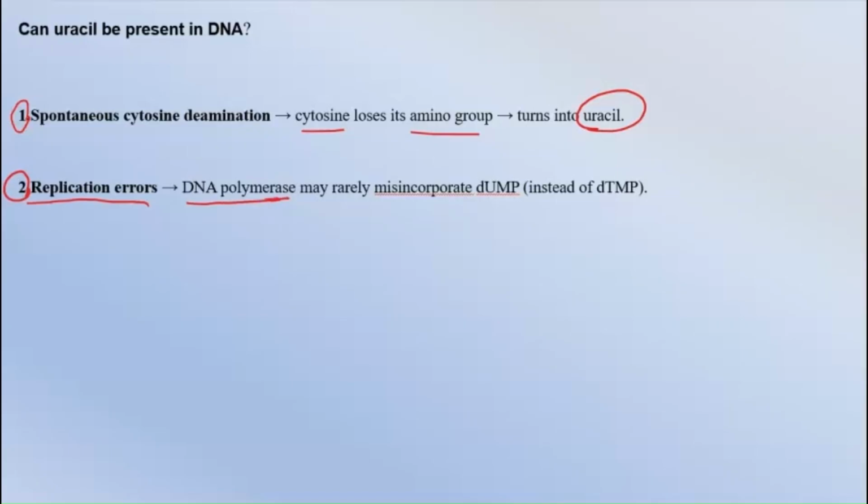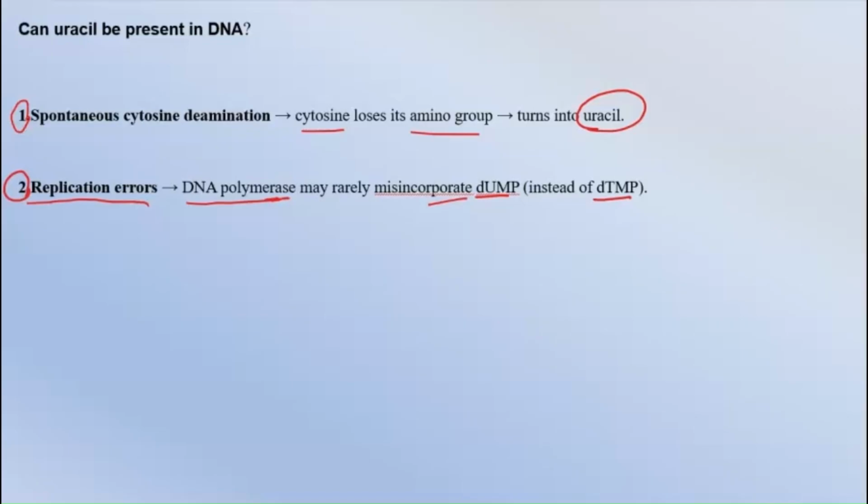It's a very important enzyme, and sometimes it makes a mistake and incorporates deoxyuridine monophosphate instead of deoxythymidine monophosphate. So this is why uracil can sometimes be present in DNA, and it is also very problematic. It causes mutations if it's not fixed.